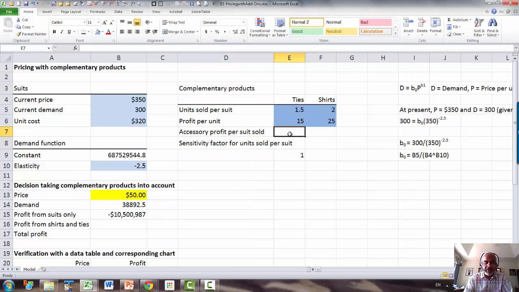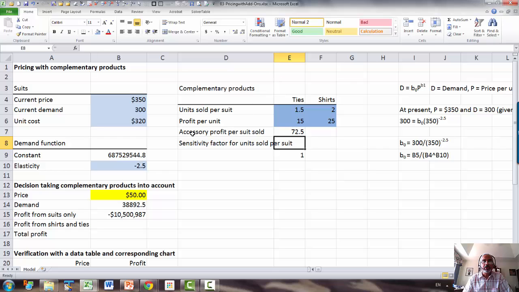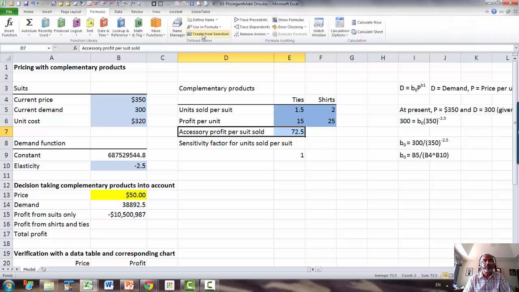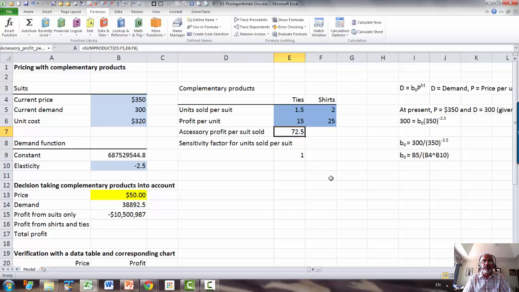And that will be the sum product of how many units we'll sell and what is the profit that we make. So let's give a name here. So this is the profit for one suit coming from the complementary product.